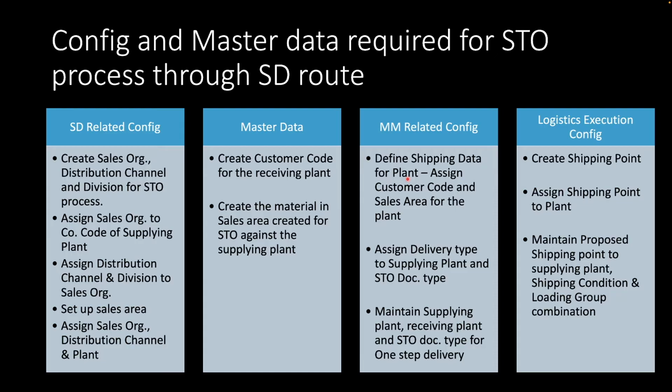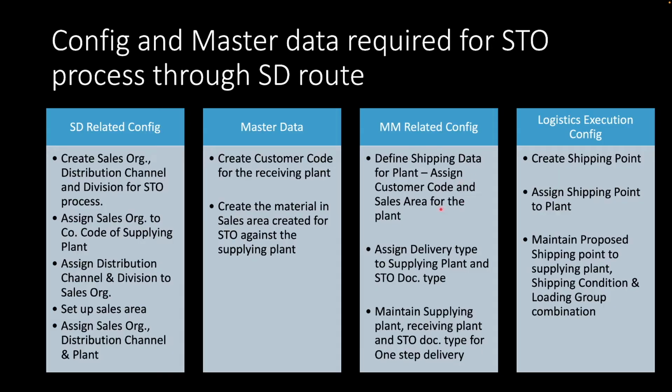It needs a customer code. So these two assignments are very important. That is, a sales area to a plant and a customer code to a plant. When the plant behaves as a supplying plant, it will use that sales area. When the plant behaves as a receiving plant, it will use that customer code. So this is very important, that you have to define shipping data for the plant, which contains the sales area that you have defined here and the customer code that you have defined here.